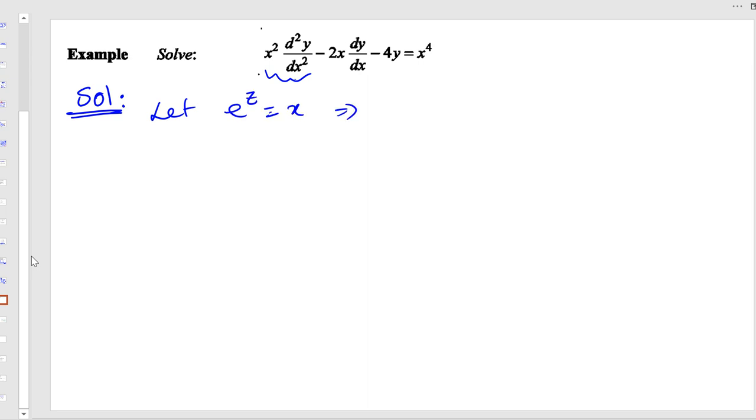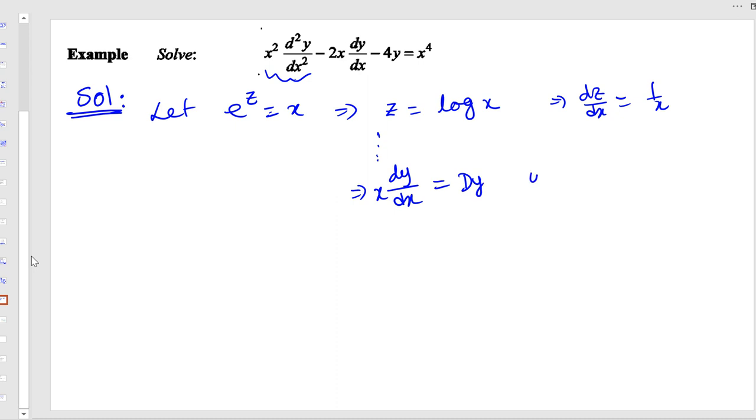Then you can derive all these things. z equals logarithm of x, and derive all these things: dz dx equals 1 by x, and x into dy dx you will get Dy, where D equals d dz.